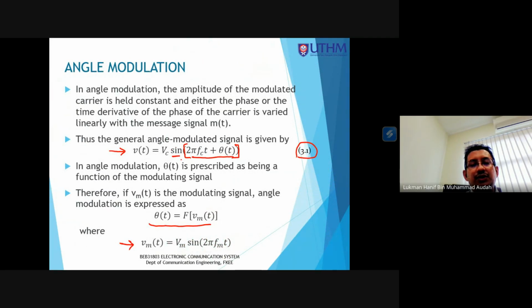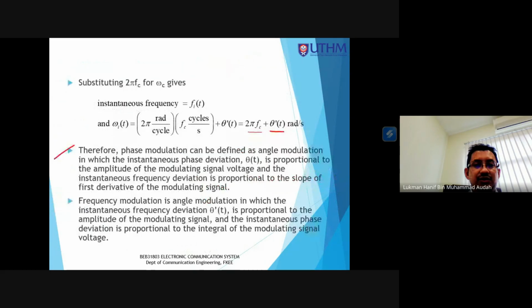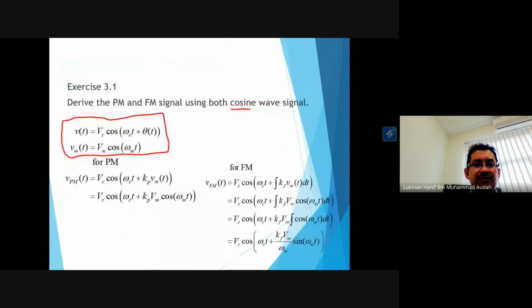In other literature books, we can also use cosine. So make sure the general equation is cosine and Vm t is also cosine, so it is easier for your calculation. In this example, the general equation is in terms of cosine and the modulating signal is in terms of cosine.